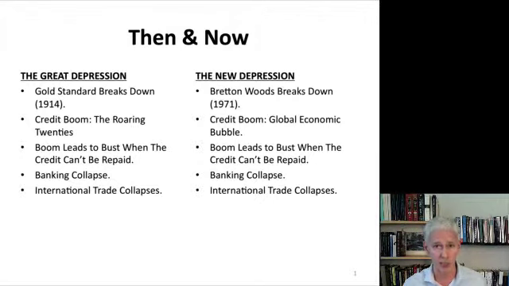The market did reestablish a new equilibrium. Unfortunately, that new equilibrium was at a level of GDP that was 46% less than it had been in 1929, and at a level of unemployment in the US that ranged from 15% to 25% for the entire decade.